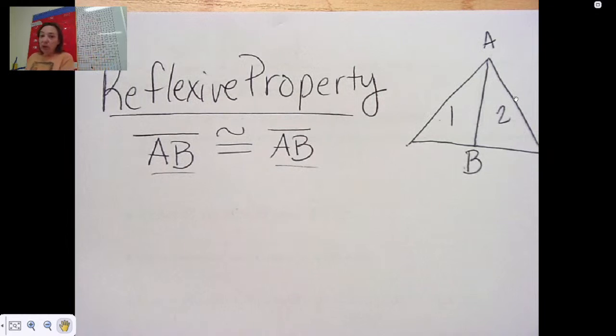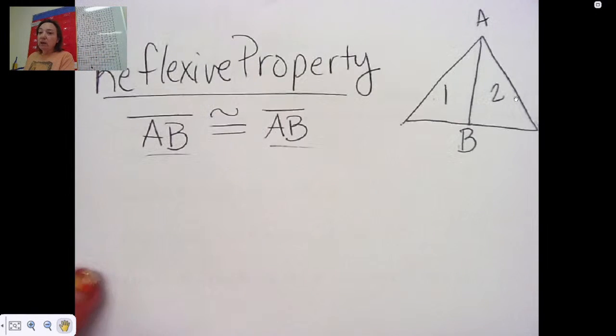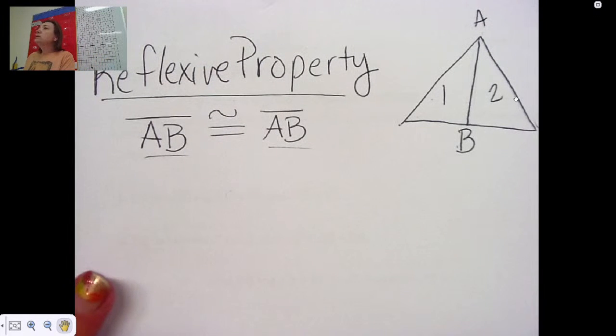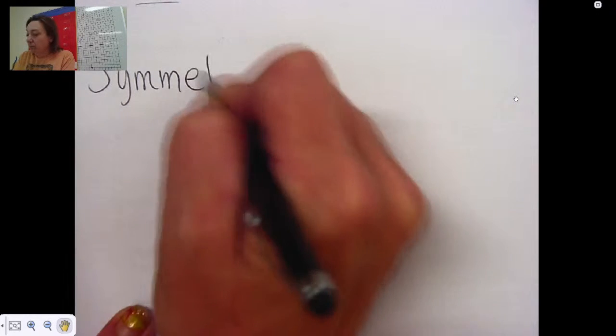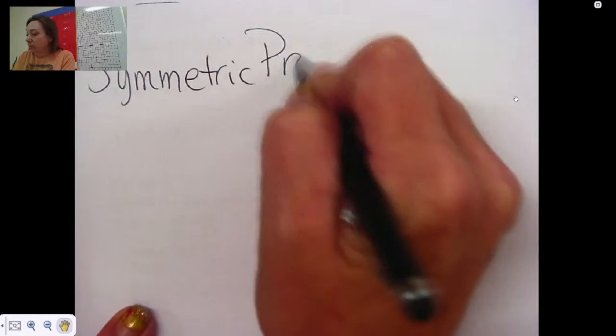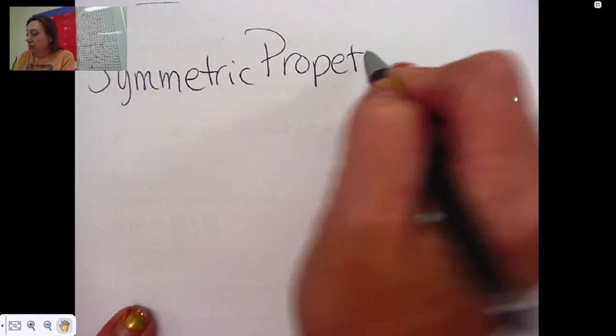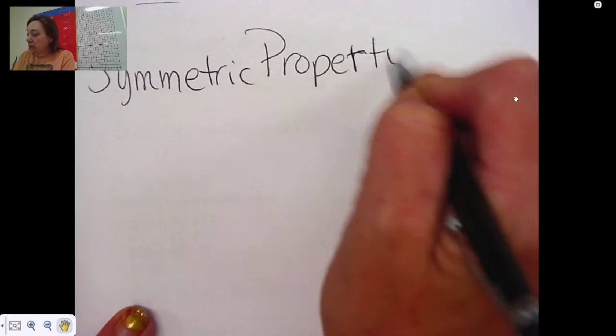Okay. Then we're going to look at one. Do I need to hold on a minute? Everybody good? Okay, so then we're going to look at one called the symmetric property.